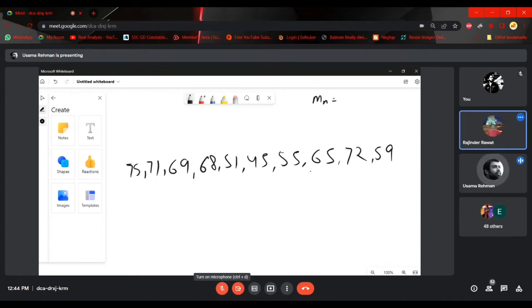Can anybody take out the median? 48. Are you sure? Yes, sir. 48.